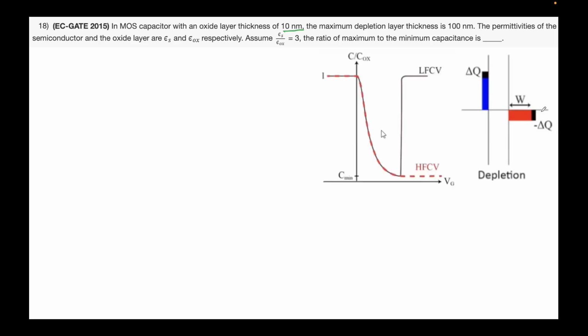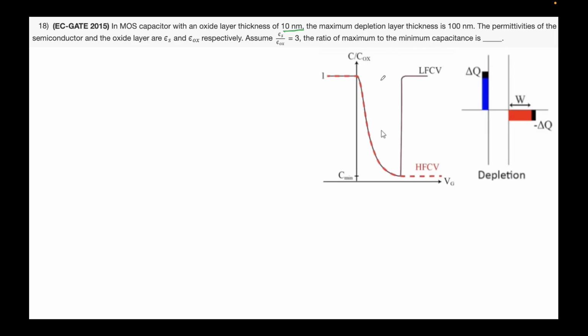And if any modulation you do of delta Q charge, and if we are only operating in depletion, this means you have not entered inversion yet. Then it has to be counterbalanced by the modulation of the depletion width. Okay, and this is the CV plot that we have been seeing of an NMOS. Okay, right. So now maximum to minimum capacitance.